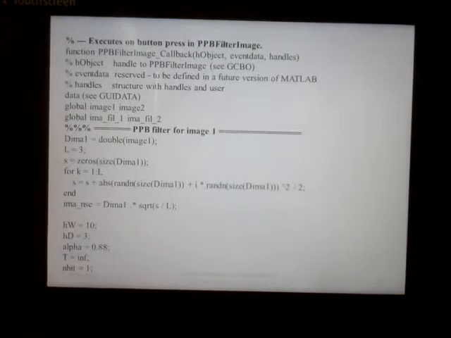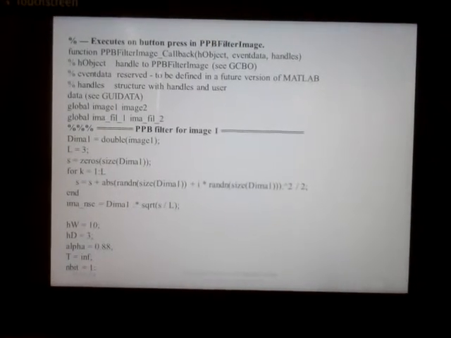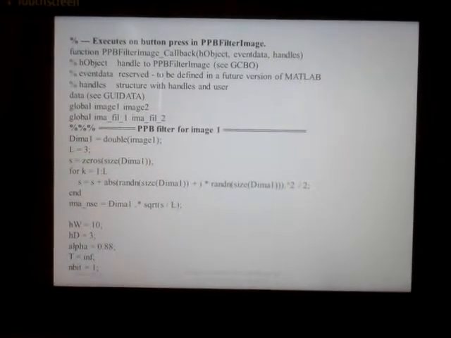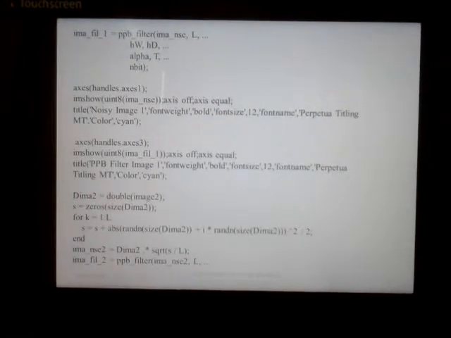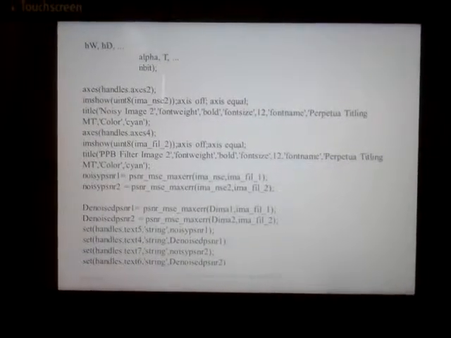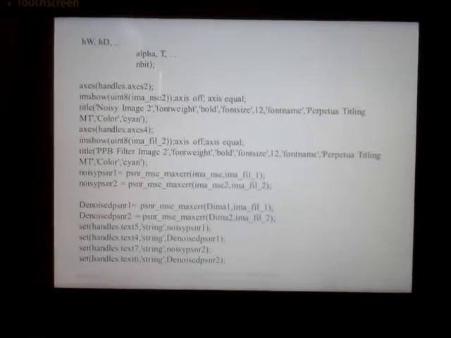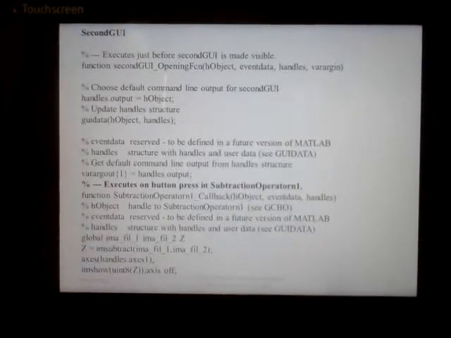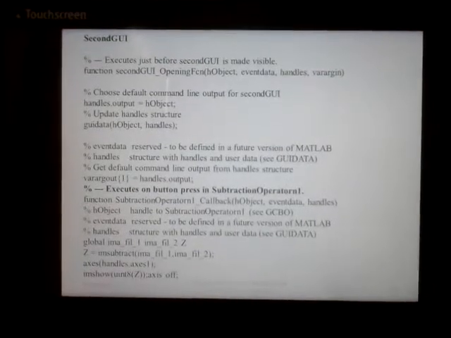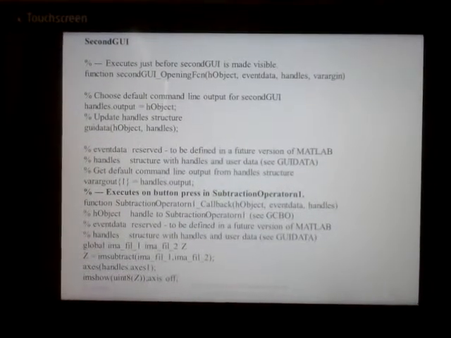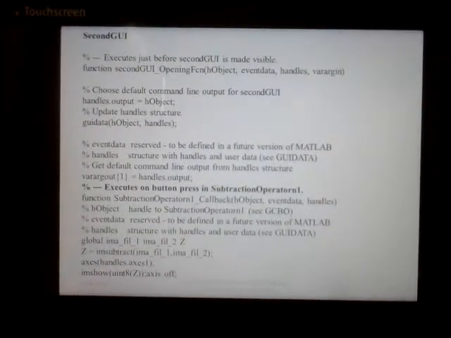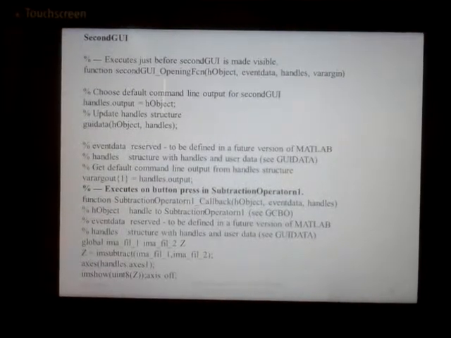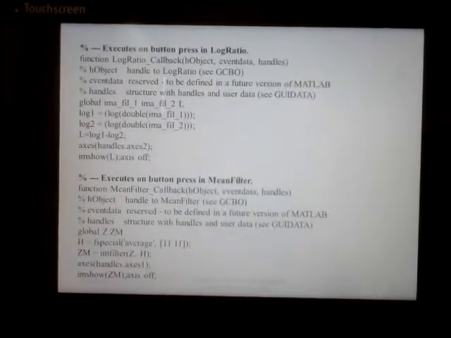Then we perform the PPB algorithm. Here we convert the image to double for processing. Then we compute the noisy PSNR for image 1 and 2 and we denoise image 1 and 2. Then we go for the subtraction operator. This is the syntax: z equal to imsubtract of image filter 1 comma image filter 2.